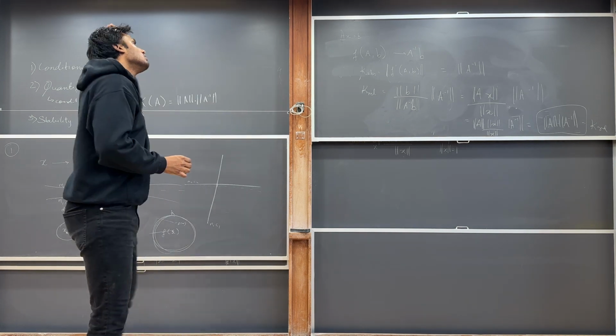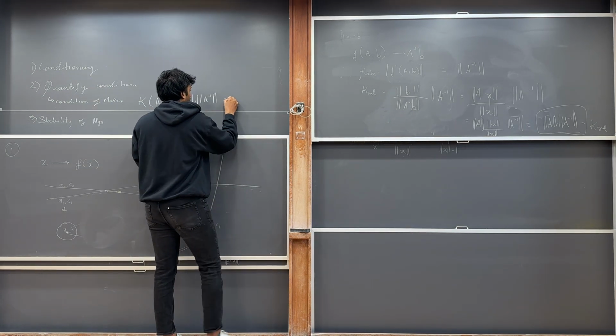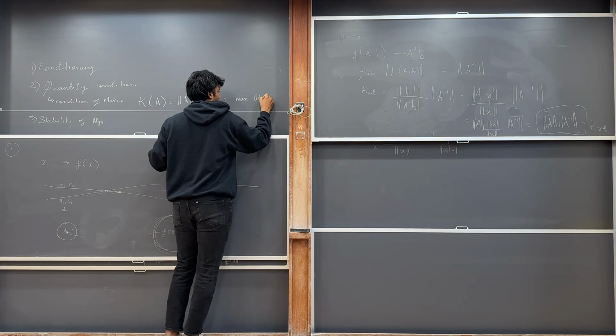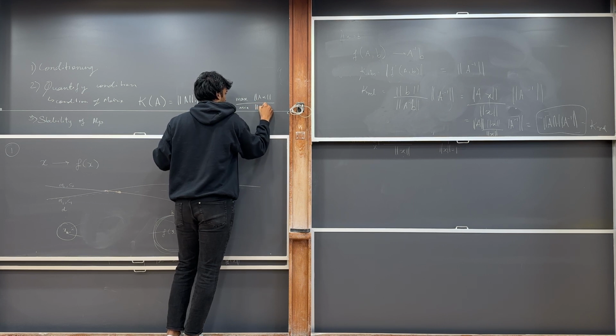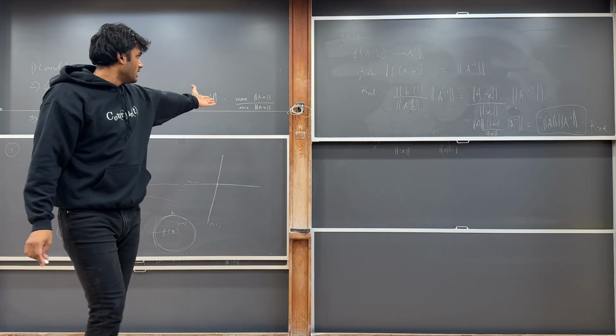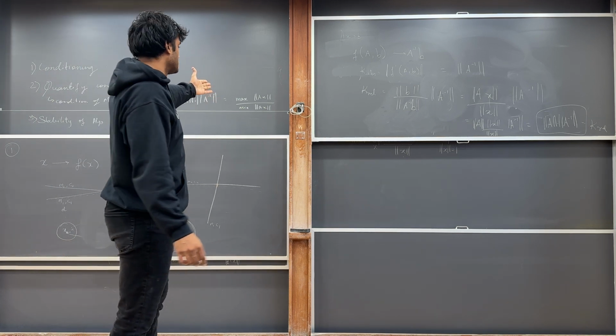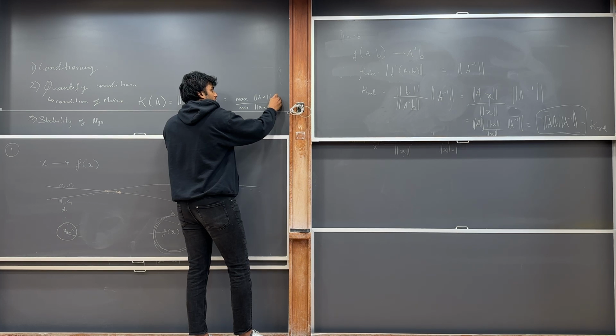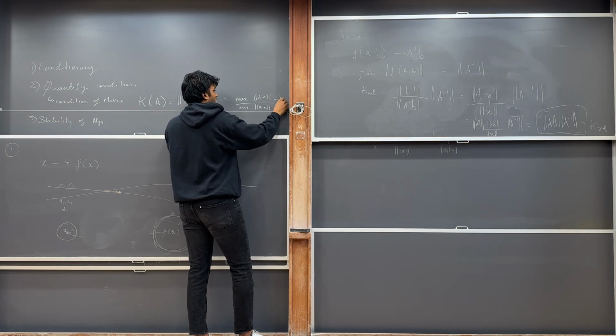There are also other definitions, which is the maximum of norm of AX divided by the minimum of norm of AX, over unit vectors X. For a normal matrix, this becomes the maximum eigenvalue divided by the minimum eigenvalue.